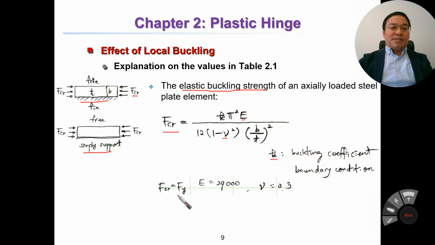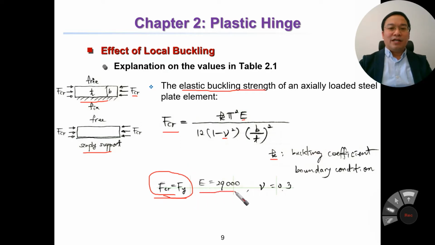If Fcr equals Fy, because we want a compact section, we expect that Fcr equals Fy in the compact section.